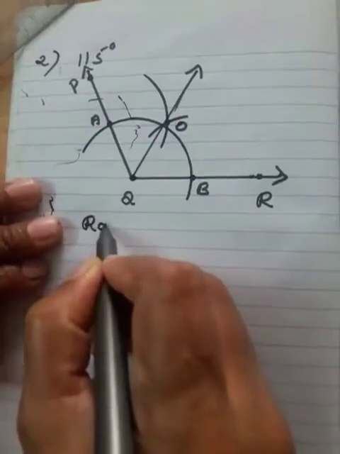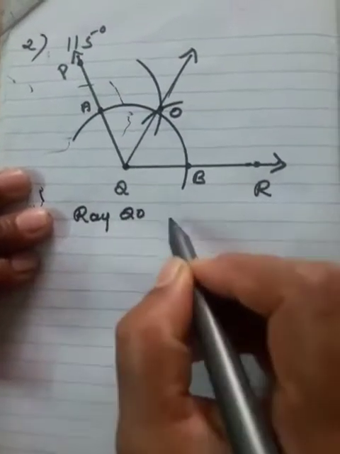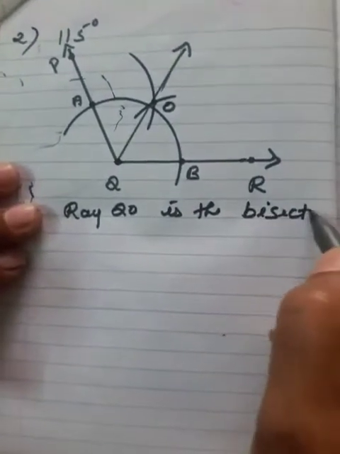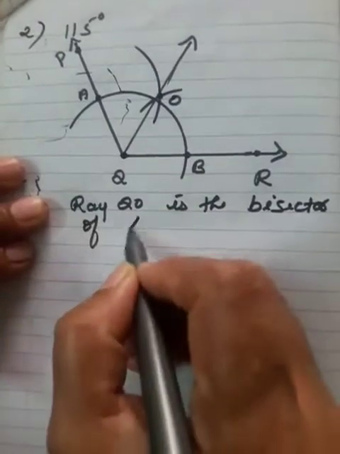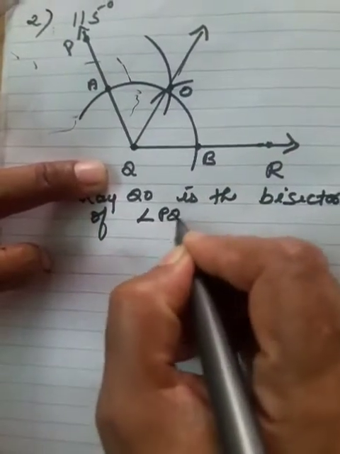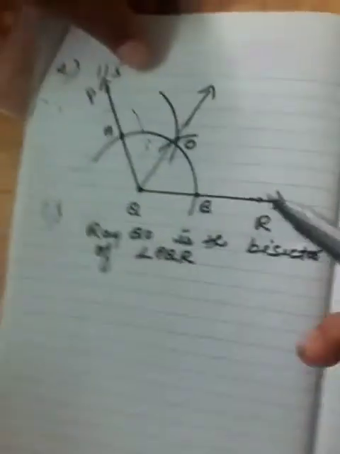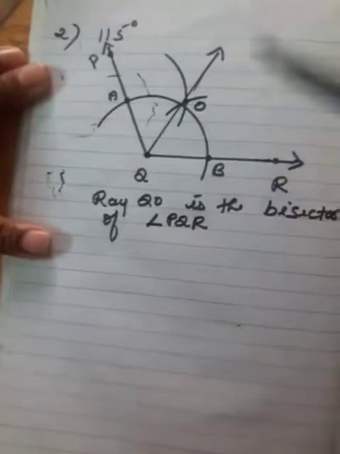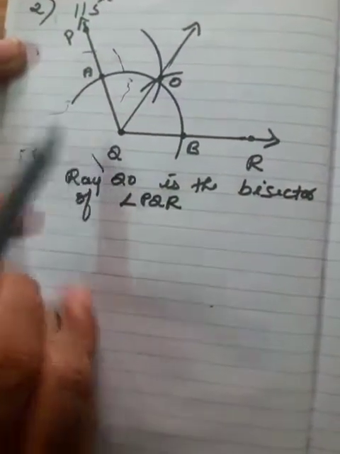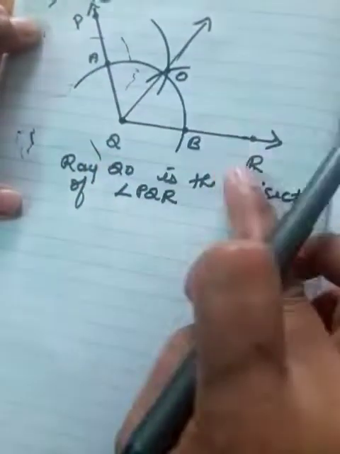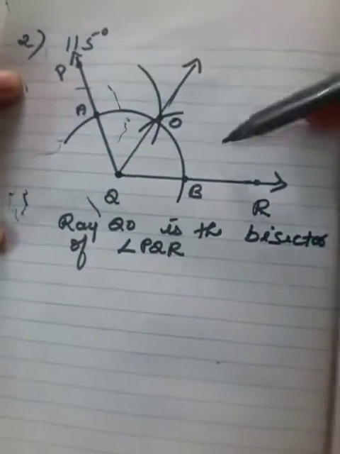So ray QO is the bisector of angle PQR. Correct? This ray QO divides the angle PQR into two parts. Now see, inside the angle PQR, again two angles are formed.